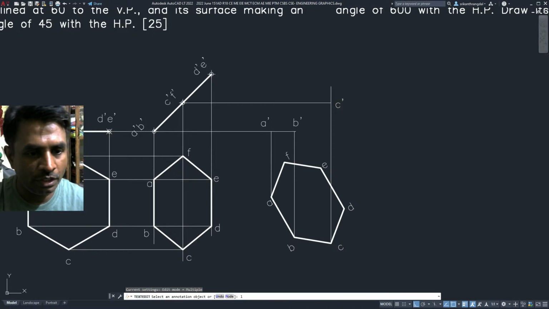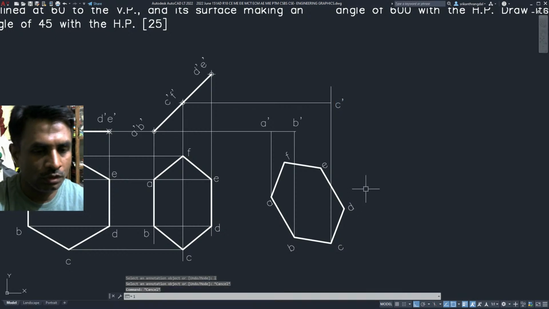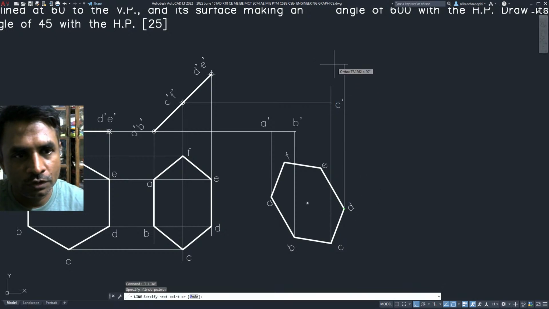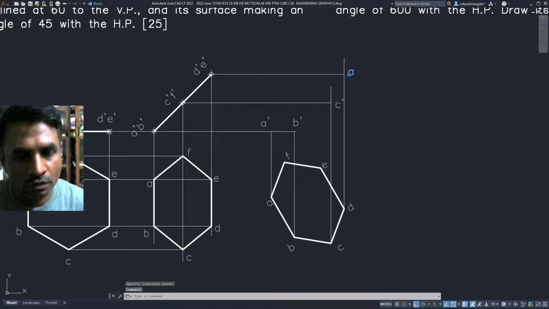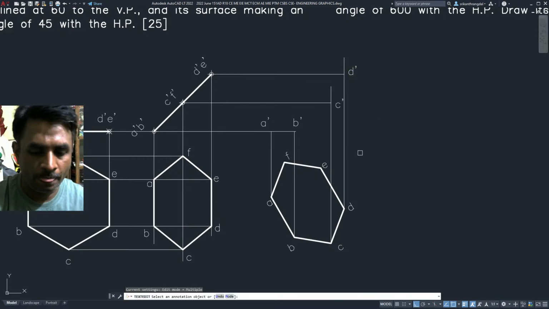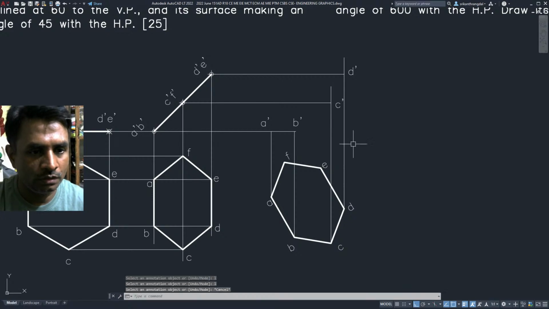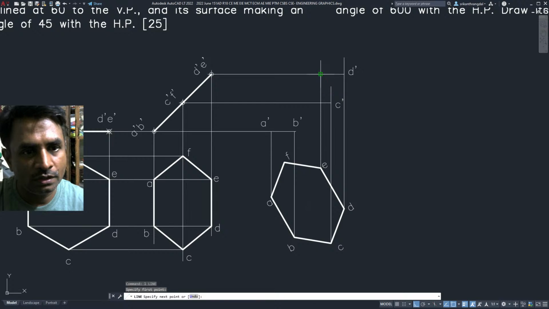Now we need to take D. From D here, and from D here, this is D dash. From E it is intersecting here, so this is going to be E dash.